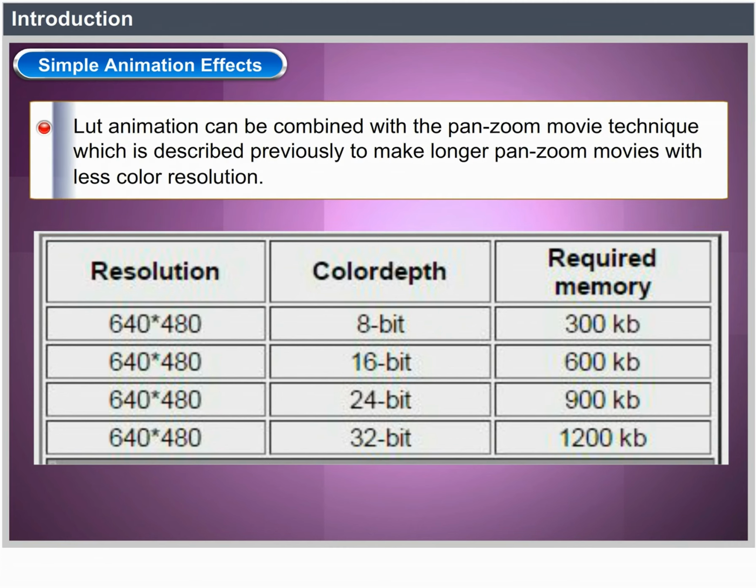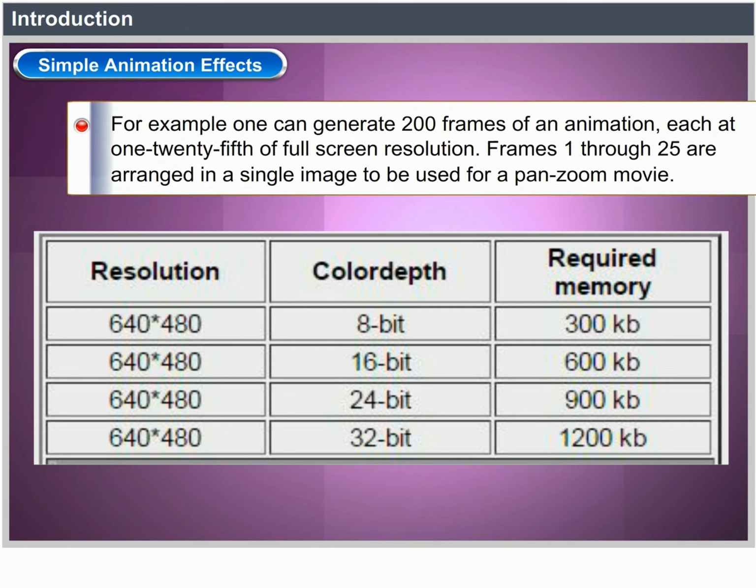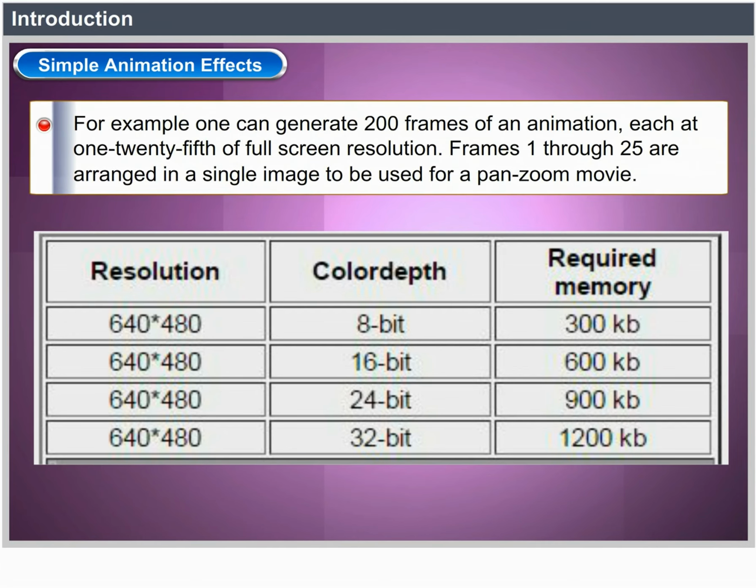LUT animation can be combined with the pan-zoom movie technique described previously to make longer pan-zoom movies with less color resolution. Consider making a very long 2-color pan-zoom movie on a frame buffer with 8 planes of memory. For example, we can generate 200 frames of an animation, each at 1/25th of full screen resolution.